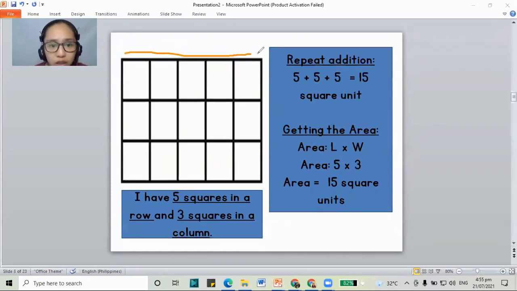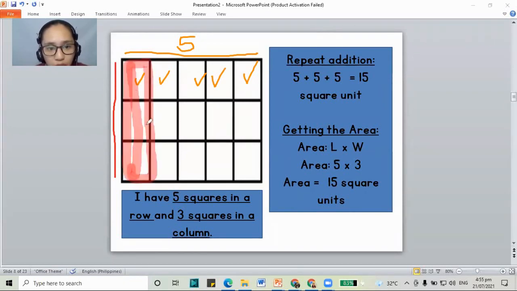Our length at the top, we have 1, 2, 3, 4, 5. That is 5. Our width, measuring from going up to down, how many squares do you get? 3. That is 3.